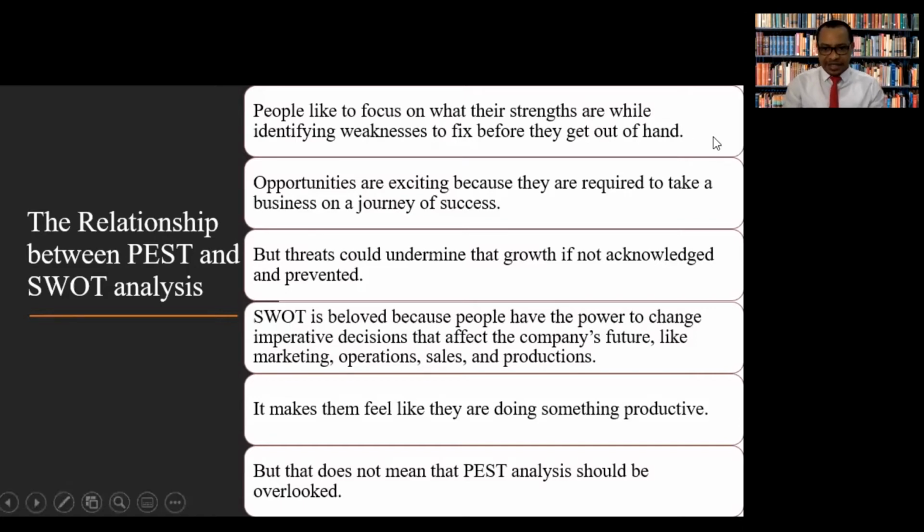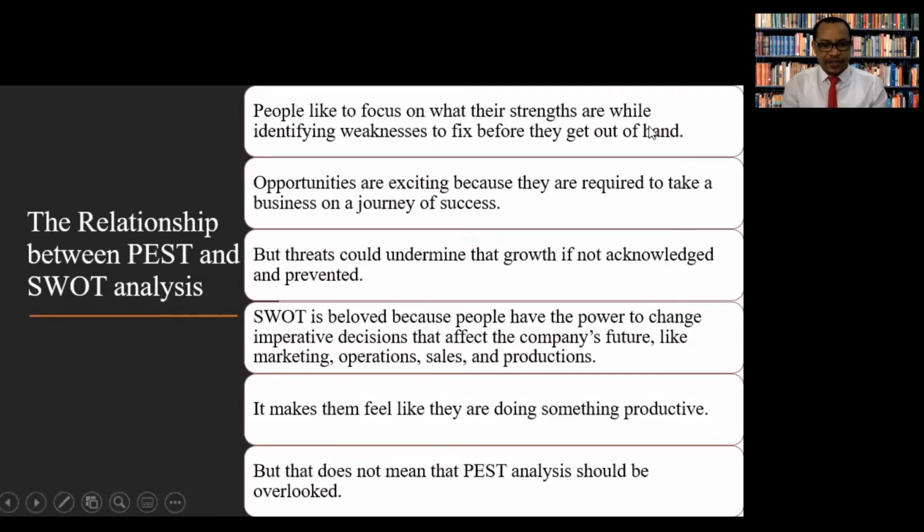Opportunities are exciting because they lead you on a journey to success. While threats can undermine the growth of your business if you don't acknowledge them and do the right thing to prevent them.